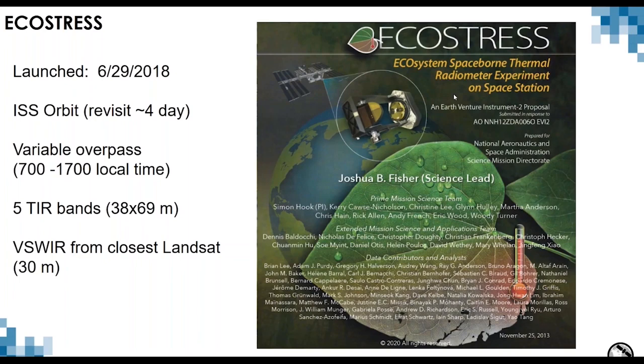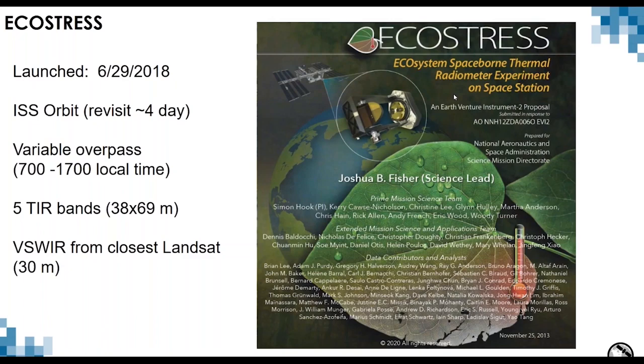It gives us more information than we get from the thermal information from Landsat. The other really interesting part, which is one of the science questions that ECOSTRESS tried to focus on, is that with Landsat, we get a thermal overpass at roughly the same time every time it overpasses a point on the Earth, in the late morning.